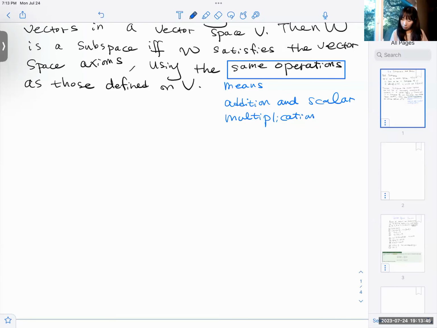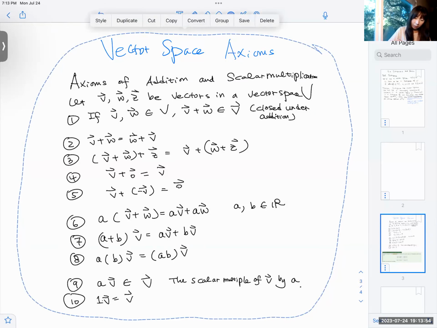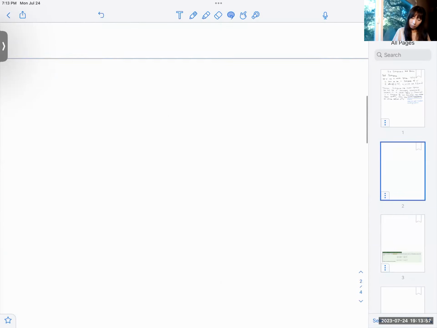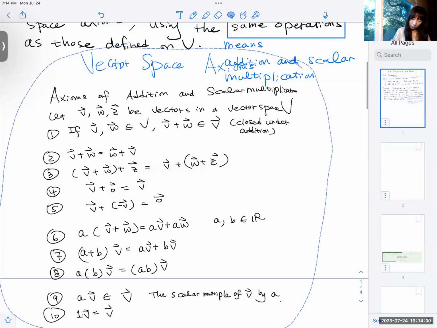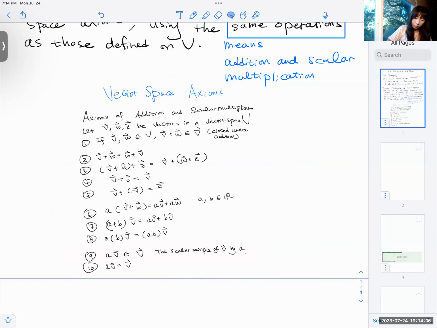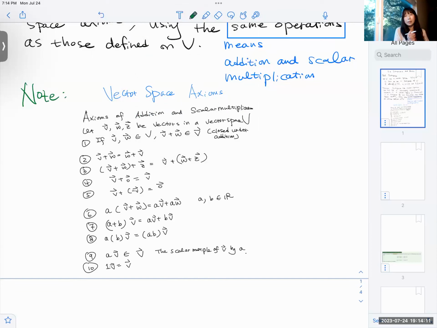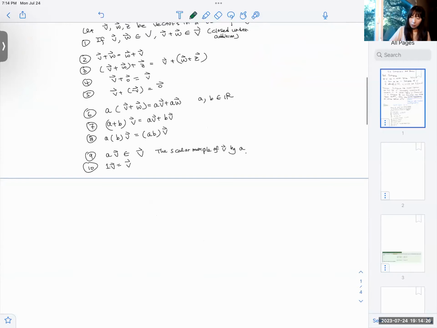So this is the vector axioms, 10 vector axioms, right? Let me shrink it a little bit. So, subspace or vector space. Let me write down two theorems, and then let us do examples.